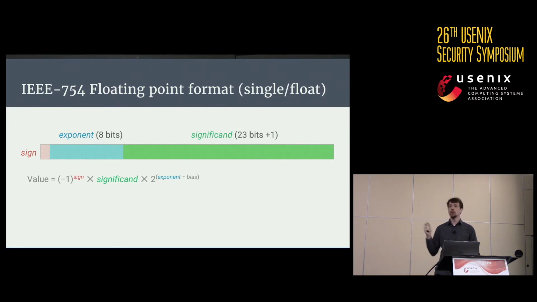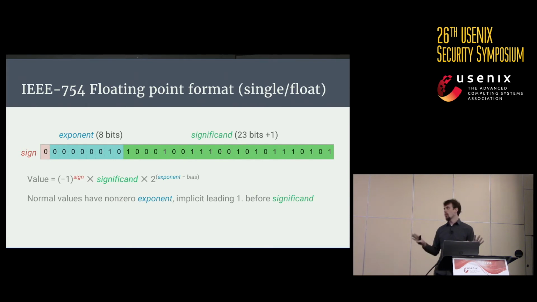Now you'll notice I say 23 plus 1 bits for the significand. And that's because in the normal case, that is a literal normal floating point value, one that has an exponent that has at least one 1-bit in it, which is most values, the significand gets an implicit leading 1 bit on the front. So 23 plus 1 bits.